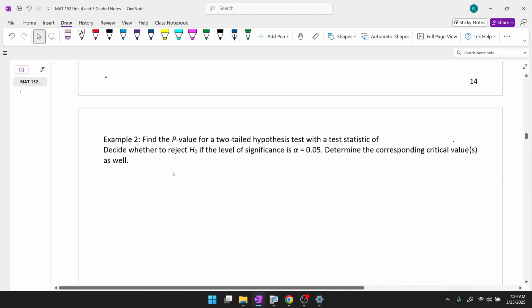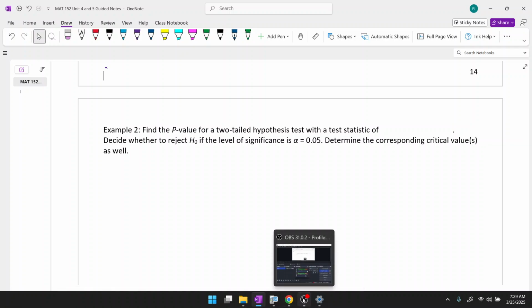So what we're going to do here is find the p-value for a two-tailed hypothesis test with a test statistic of, and let's pick a negative value here, z equal to negative 2.091. What we're going to do is figure out what the p-value for this will be.